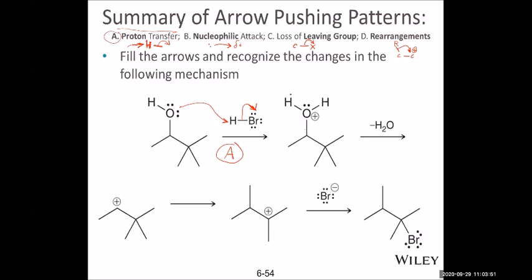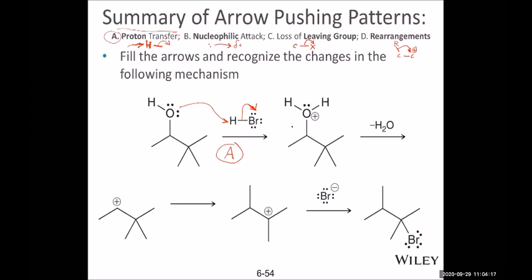Okay, second step, we have this structure and it loses water and becomes this. You can see the end structure does lose the water, H2O. And for the arrow pushing, this bond needs to break.